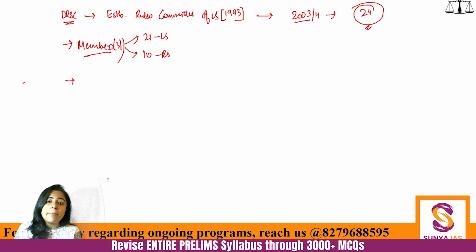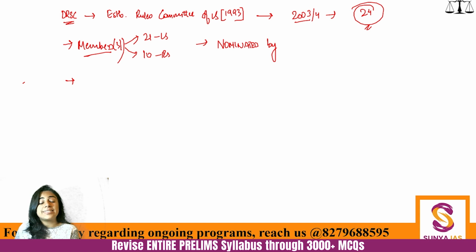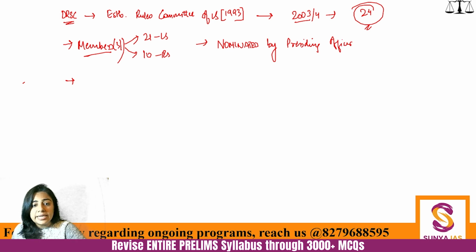Then how are the members chosen? The members are chosen as nominated. They are nominated by the presiding officer. They are not elected by proportional representation and single transferable vote. Nominated by the presiding officer. Okay, so the Speaker will nominate these 21 members for a particular committee, and the Chairperson will nominate the 10 members for a particular committee.